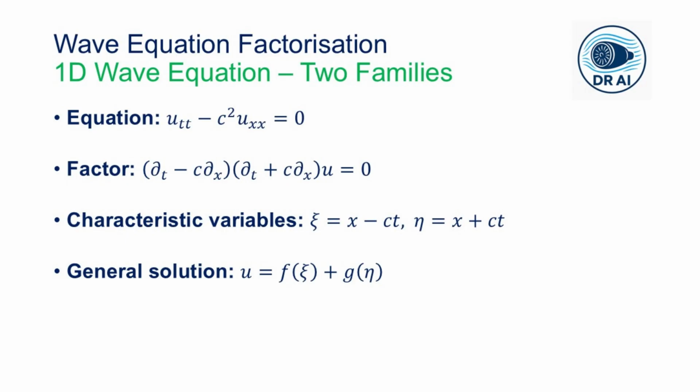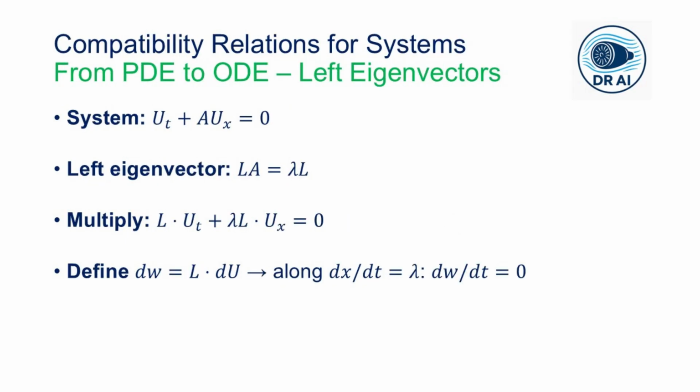Here f is the right-going wave and g is the left-going wave, while the characteristics x minus ct is constant and x plus ct is also constant. F and g are Riemann invariants, which means they are constant along their respective characteristics.